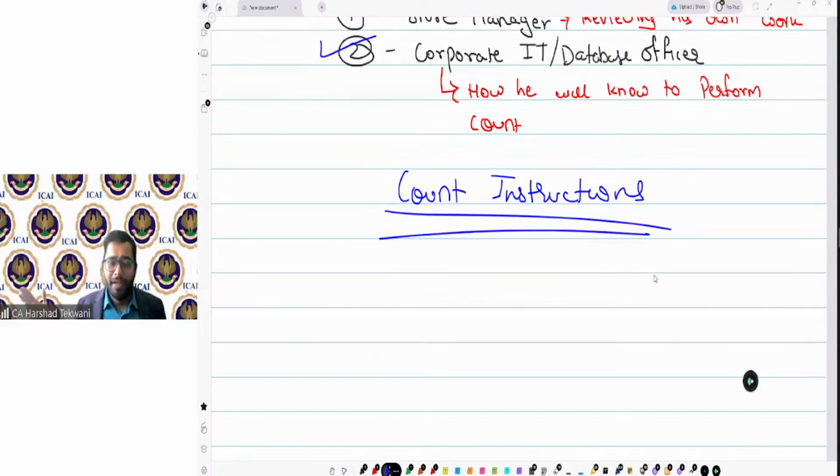Kind of an SOP, checklist, guidelines, instructions on how to perform a count. A document with the title how to perform a count, steps below. Give it to the IT officer, ask him to perform these steps, get it done.